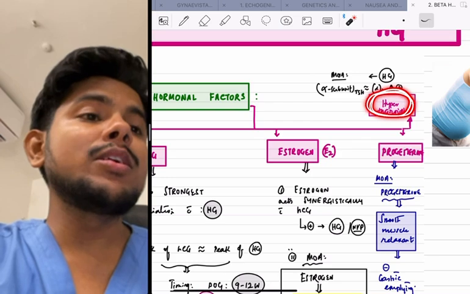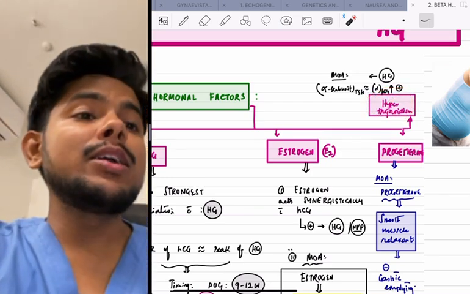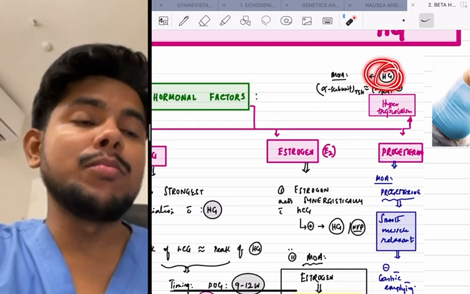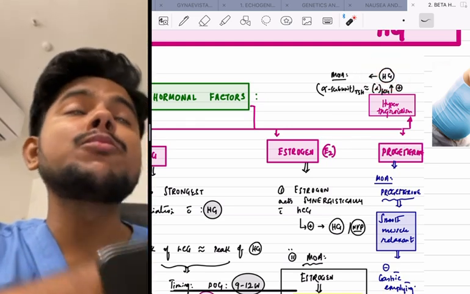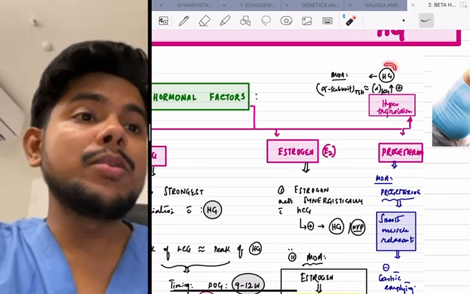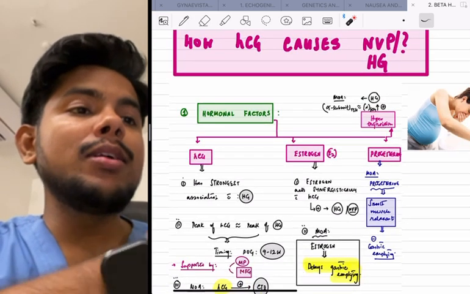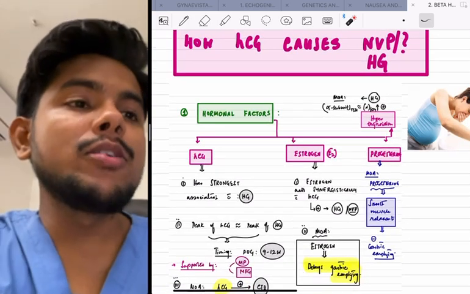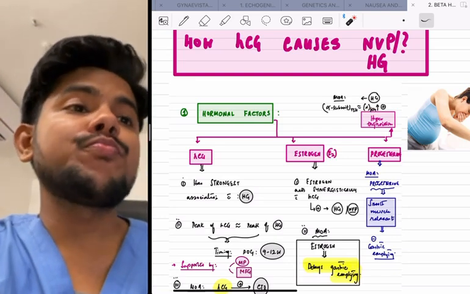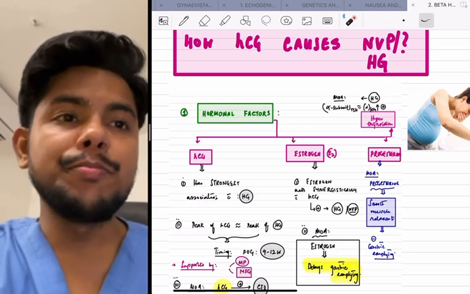Increased level of hCG increases the risk of hyperthyroidism or thyrotoxicosis, and even in case of thyrotoxicosis, there is hyperemesis gravidarum. Sometimes also in patients with hyperthyroidism, we do get hyperemesis gravidarum. So these are the four mechanisms by which hCG causes nausea-vomiting pregnancy as well as hyperemesis gravidarum.